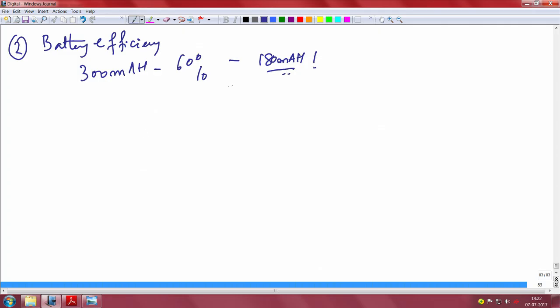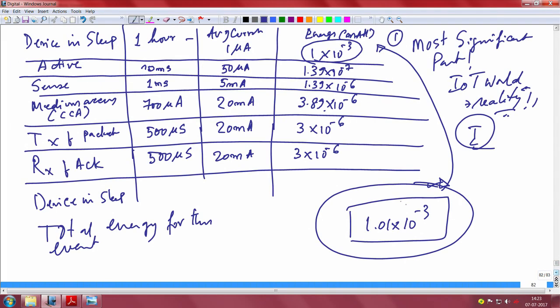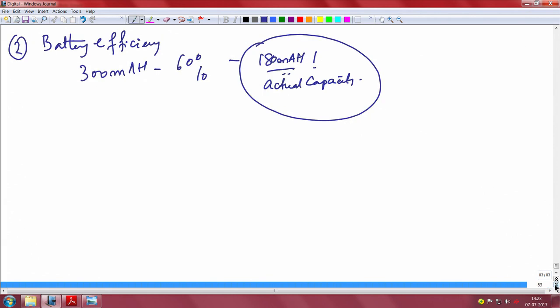So, this is nothing but the actual capacity. Okay. With this budgeting that you got, do not use 300 milliampere hour, use this number. Well, can you? This is still the second step.